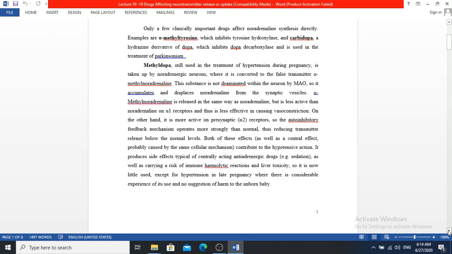It produces side effects typical of centrally acting anti-adrenergic drugs, for example sedation, as well as carrying a risk of immune hemolytic reaction and liver toxicity. So it is now little used except for hypertension in late pregnancy, where there is considerable experience of its use and no suggestion of harm to the unborn baby.